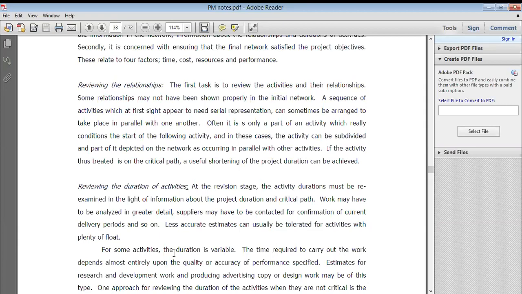So less accurate estimates can usually be tolerated for activities with plenty of float. Yes, a lot of activities depend on that particular time, that particular cost, those particular resources, whatever resources you require to complete that task, right?